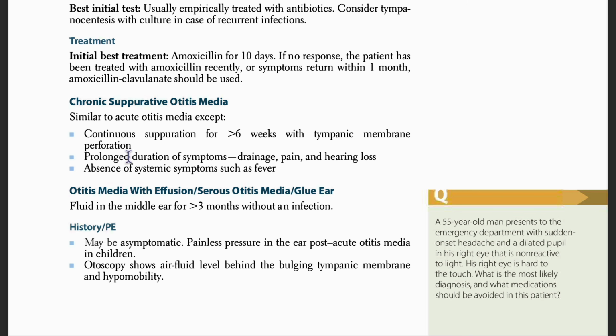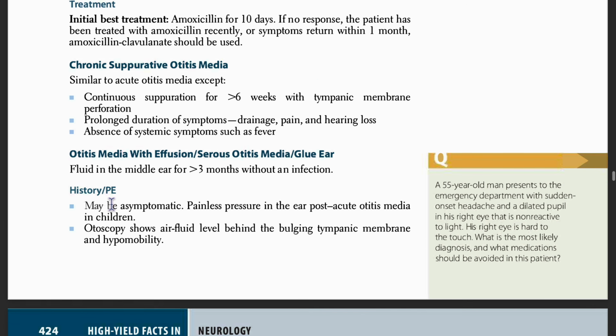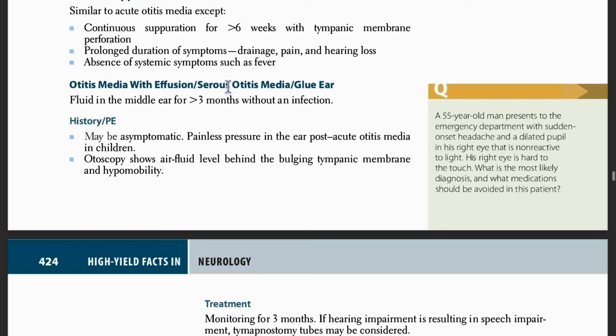Okay, so these are the differences: continuous suppuration for more than 6 weeks with tympanic membrane perforation, prolonged symptoms like drainage, pain, and hearing loss. Then we have otitis media with effusion, serous otitis media, or glue ear.